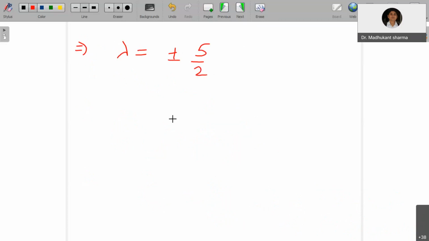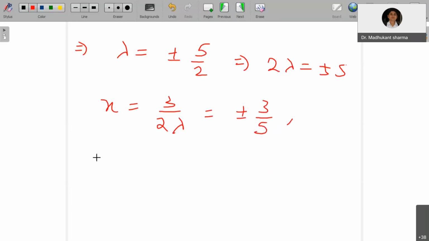Once you have the lambda values, we have x equals 3 by 2 lambda. So 2 lambda is plus minus 5, and this gives x equals plus minus 3 by 5. And y equals 2 by lambda, so 2 upon 5 by 2 is going to be plus minus 4 by 5.